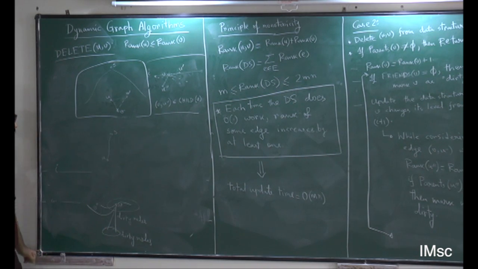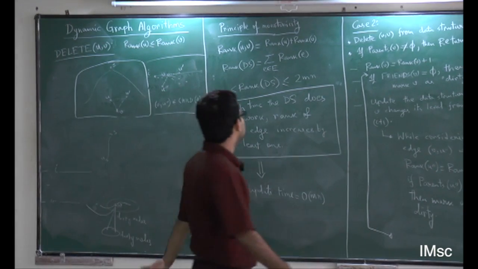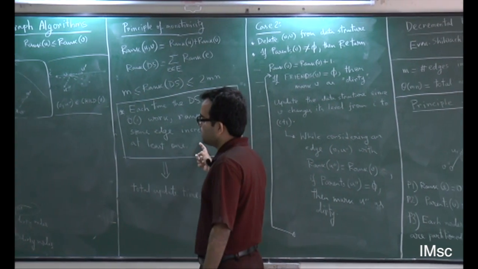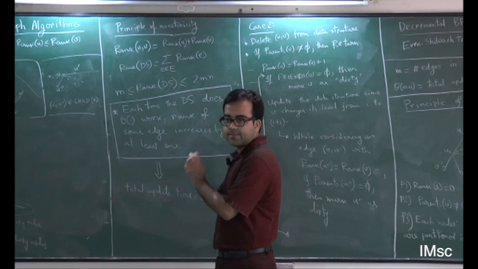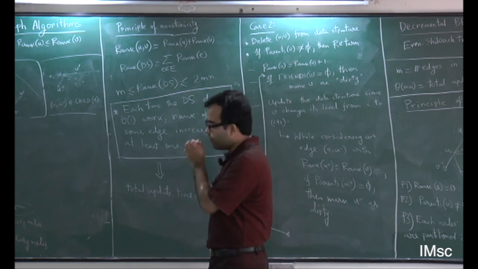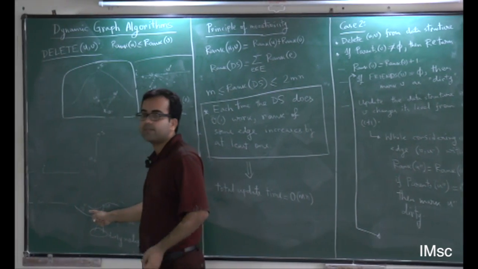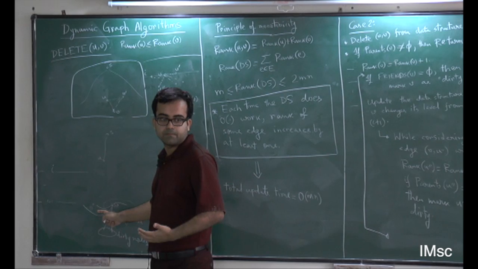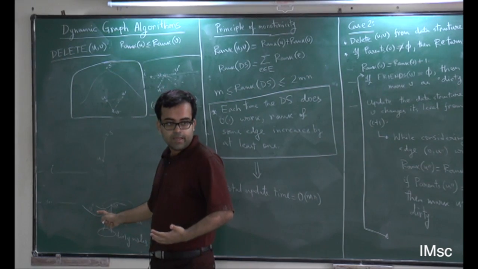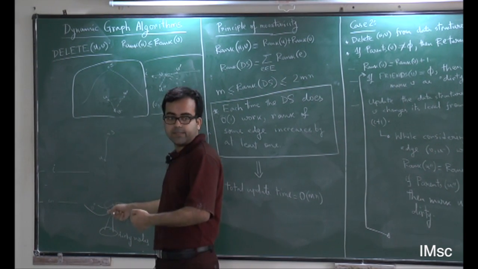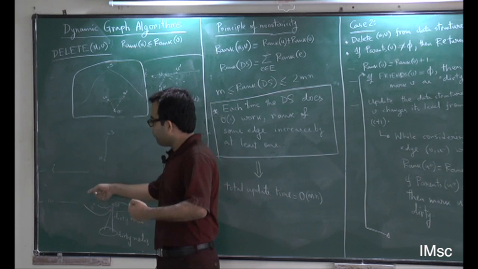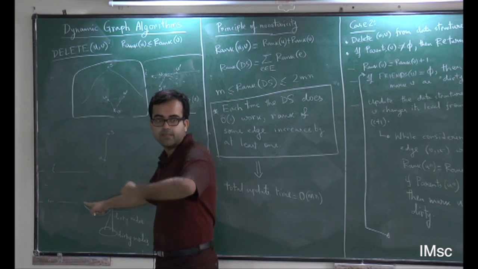Now, the principle of monotonicity, it is not difficult to see, because the data structure is doing some work only when it is changing the status of some edge, and whenever it is changing the status of some edge, at least one endpoint is increasing its rank.